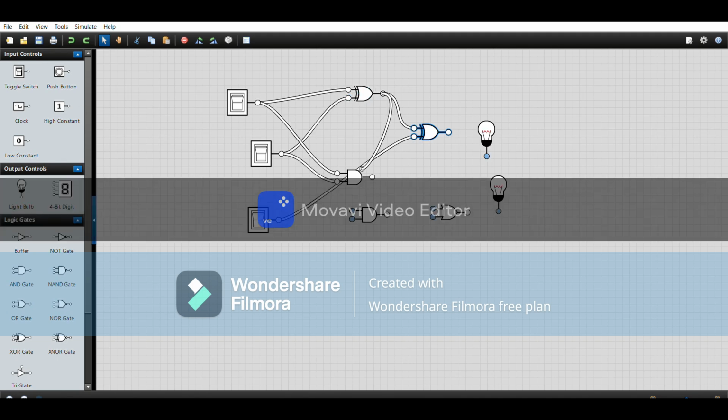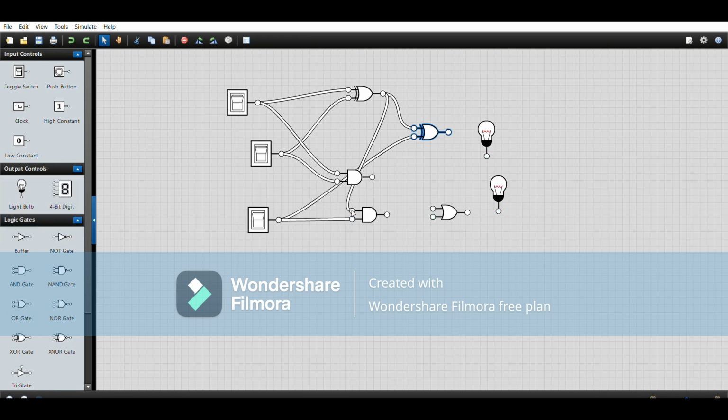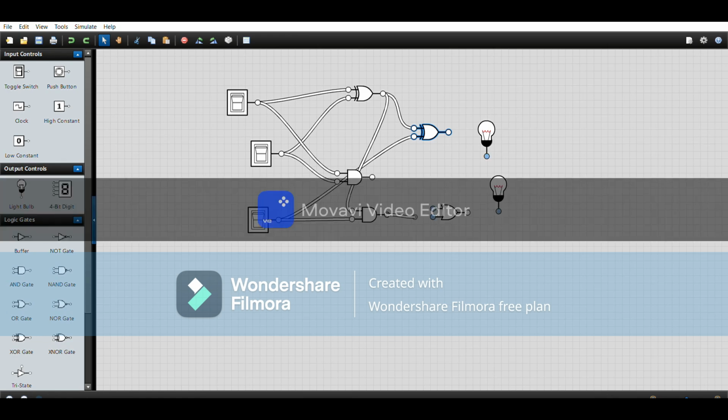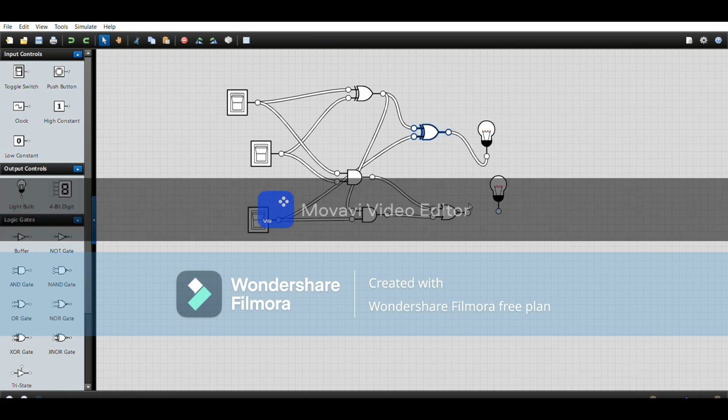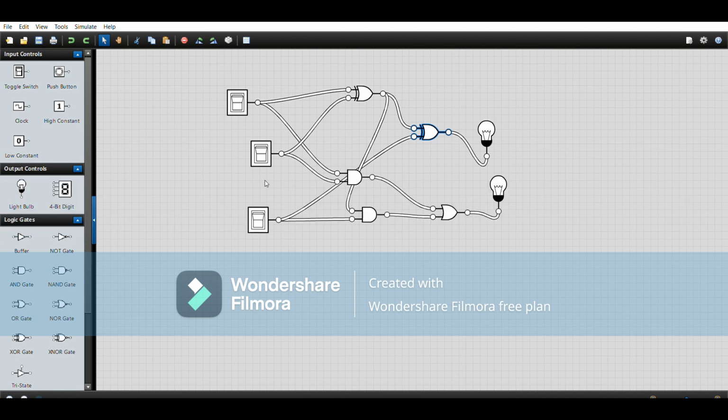Let us connect the logic gates and the inputs together. Yes, we have connected the inputs and the logic gates together.